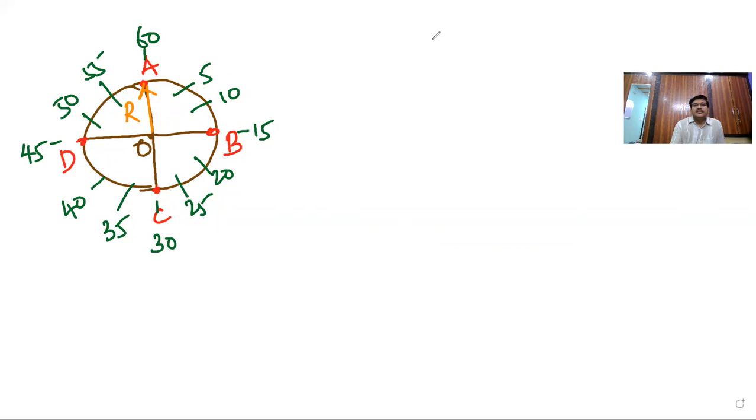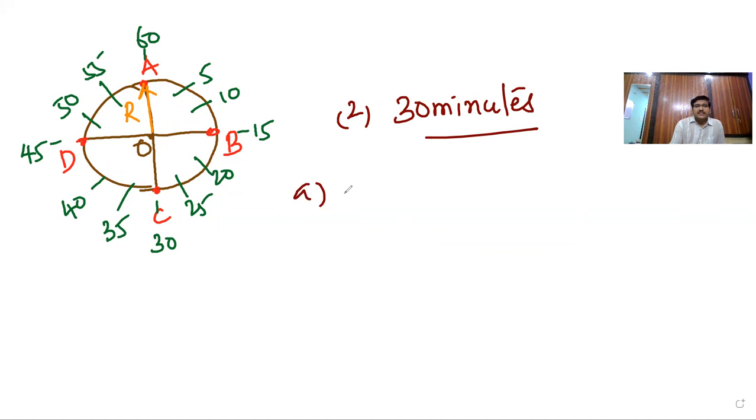Now, what is the second case? The second case is the 30 minutes case. The minute hand is moving 30 minutes. In that case, distance is required. Observe, distance is path length. If the minute hand starts from initial position A and moves 30 minutes, it reaches C. Initial point is A, 30 minutes is a semicircular portion, reaching C. A, B, C path length.